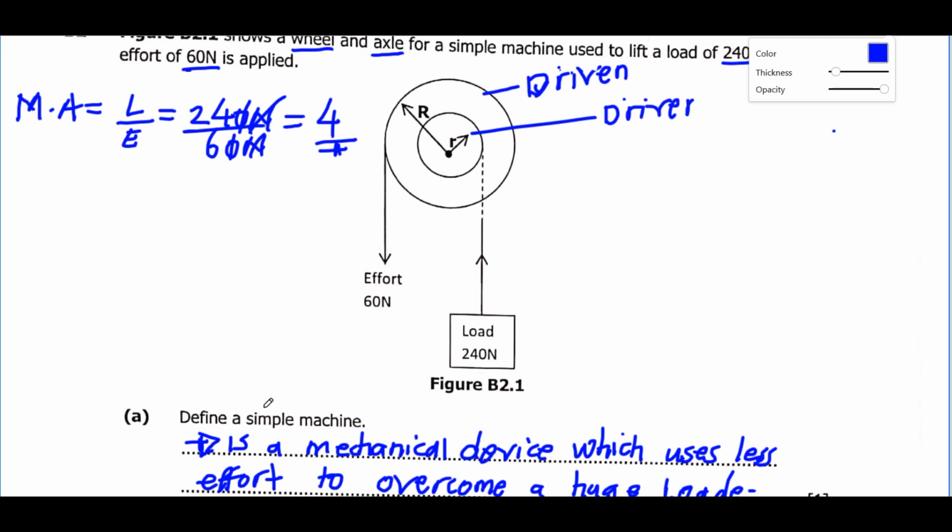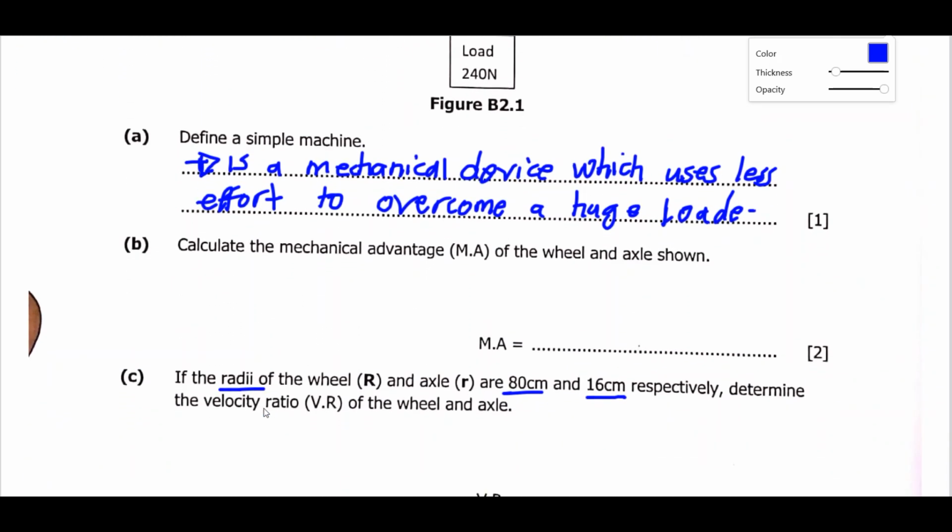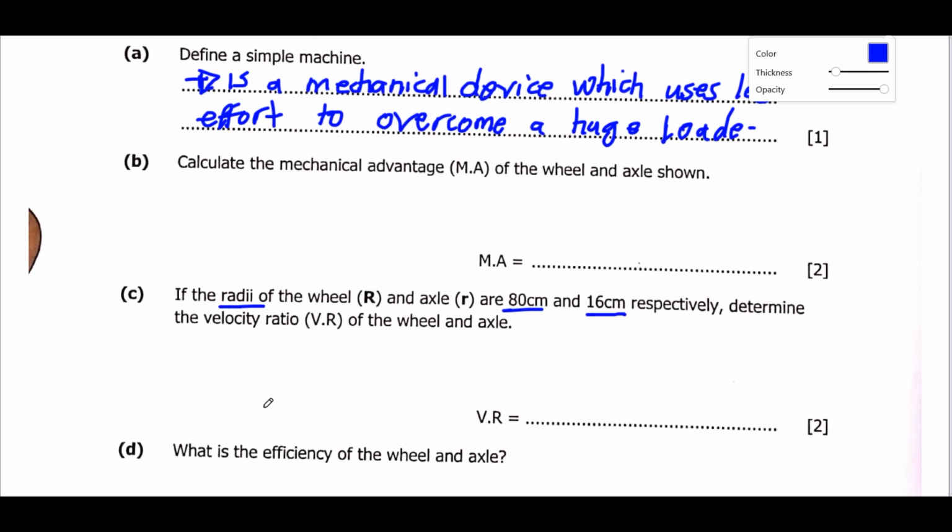So you need to remember also that this question can be asked in so many different ways. At times you can be asked to find velocity ratio when you are given the speed of the driven and the speed of the driver. In such a case, you use capital N over small letter n.